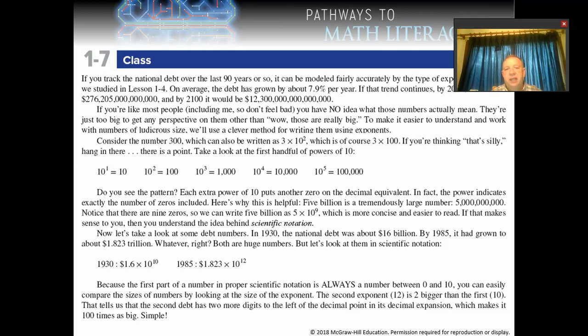Okay. So here's the way we can do this in scientific notation. 1.6 times 10 to the 10th. 1.823 times 10 to the 12th. And because the first part of a number in proper scientific notation is always a number between 1 and 10, you can easily compare the sizes of numbers by looking at just the size of the exponents.